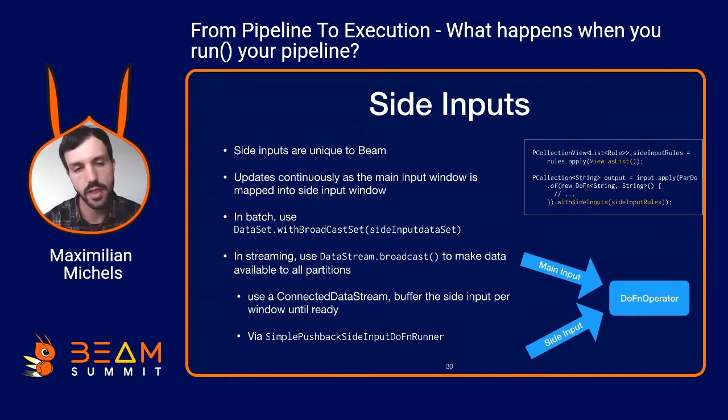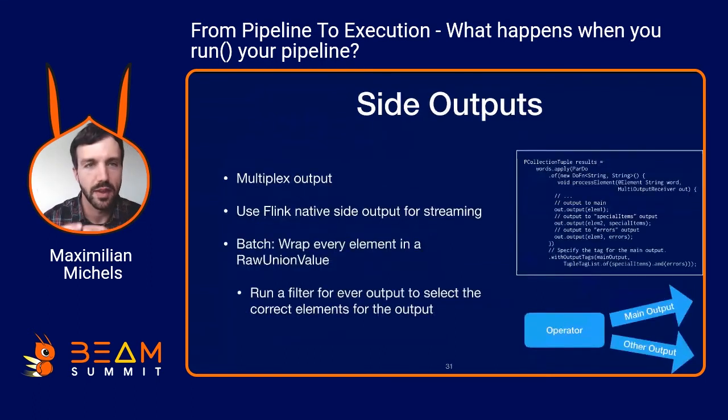We have this functionality in Flink using broadcast streams and connecting them, but it requires a little bit of work to make this work. Fortunately, we have extracted this in a utility so all the runners can make use of it. This is the simple pushback side input DoFn runner, really trying to maximize the class name length there.